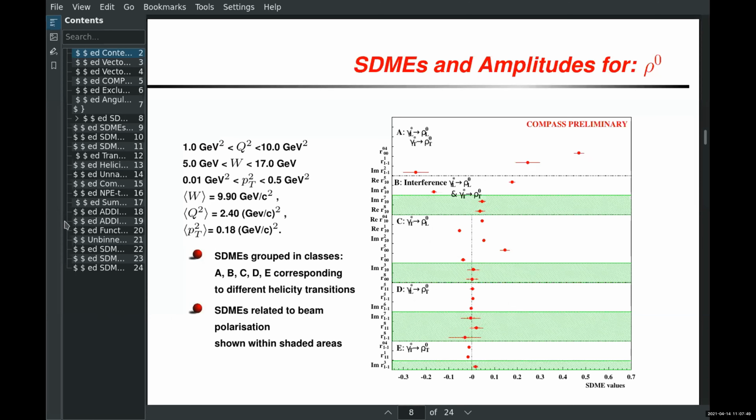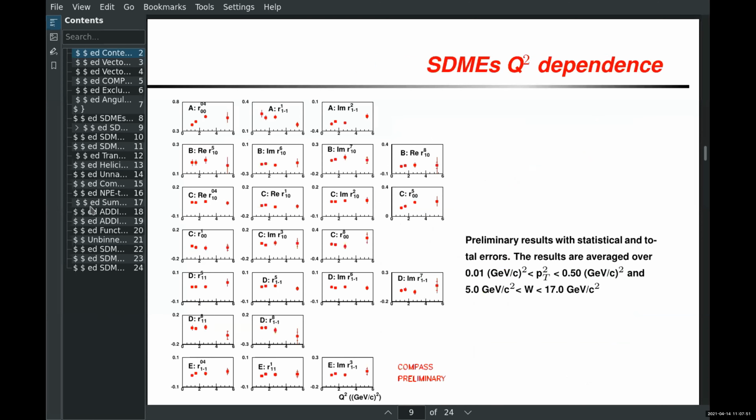Here is the dependence of the SDMEs on Q square, grouped in the same way for A, B, C, and D. Here is the s-channel helicity conservation group, here is group B connected with the interference, and particularly interesting for us is the C group.